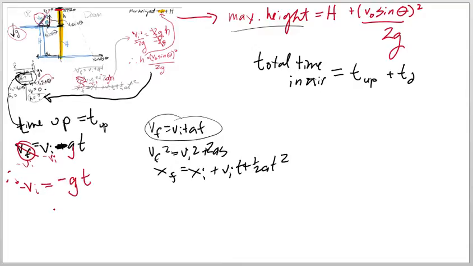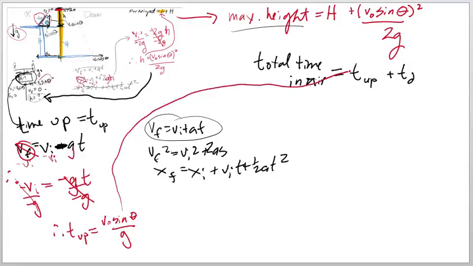I forgot to make this one into a g, sorry. So then we just divide by negative g. The negatives go away. So therefore, time up equals your initial velocity, v naught sine theta, over g. Let's just draw a line. Okay, so that's the time up.